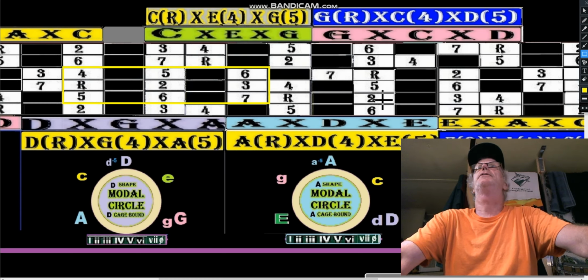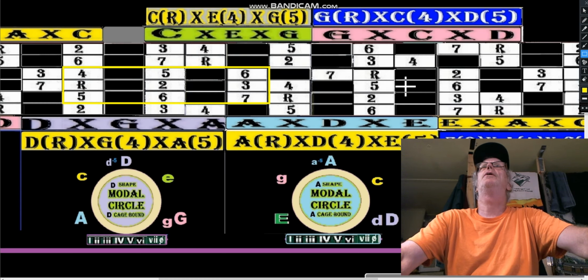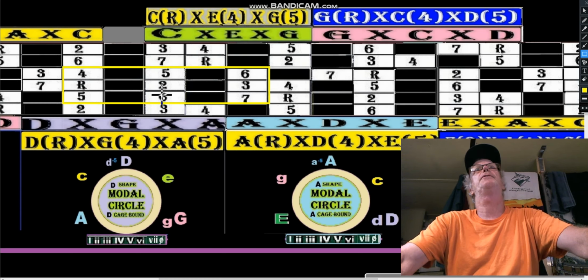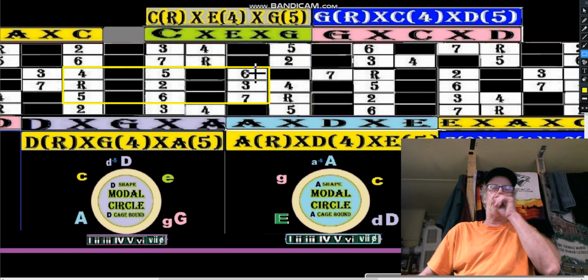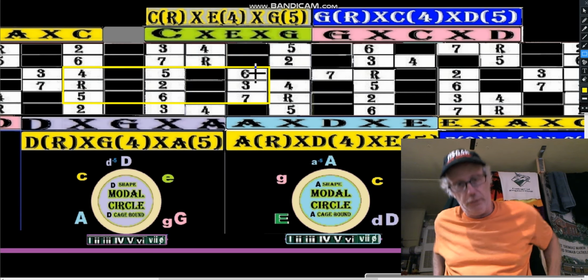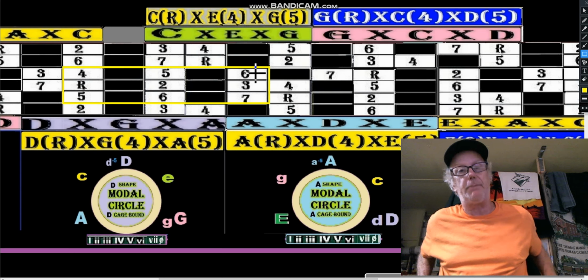So say I'm going 2, 3, 4, 5, 6, 7, root 2. I can go 2, 3, 4, 5, 6, 7, root 2, 3, 4, 5, 6. Come out of that 5, 6 into that 7, root 2 right there. An entire substitution because you got 5, 6 in top and bottom here. That's substitution, but you will run out of fretboard.